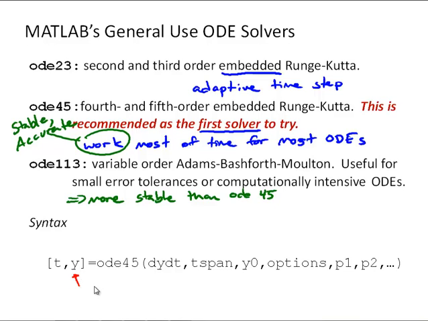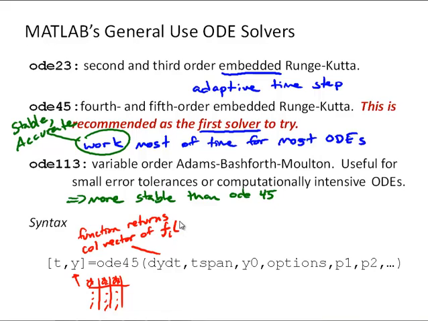So the Y solutions, again, are in a matrix, Y1, Y2, Y3, etc. dy dt is a function that returns a column vector of the f sub i of the t i, y i's, or f sub j, call it.